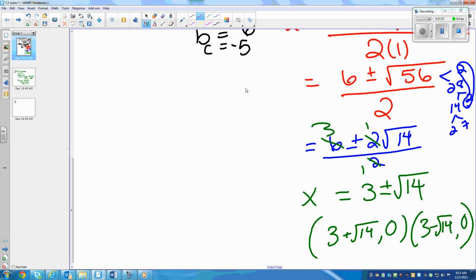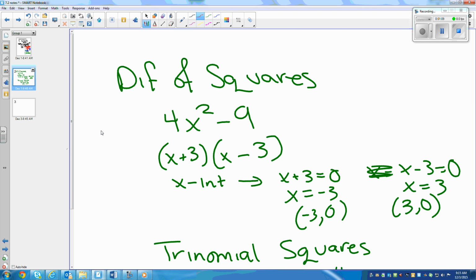Now, we continued on and looked at different ways of factoring. The difference of squares factoring, right? Very simple. When you look at it, the first term has to be squared, and the last term has to be squared. There's only two terms in a difference of squares.